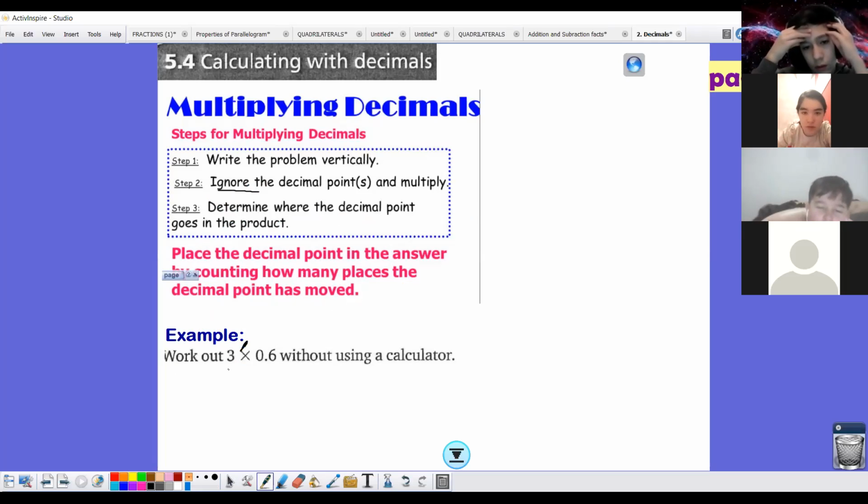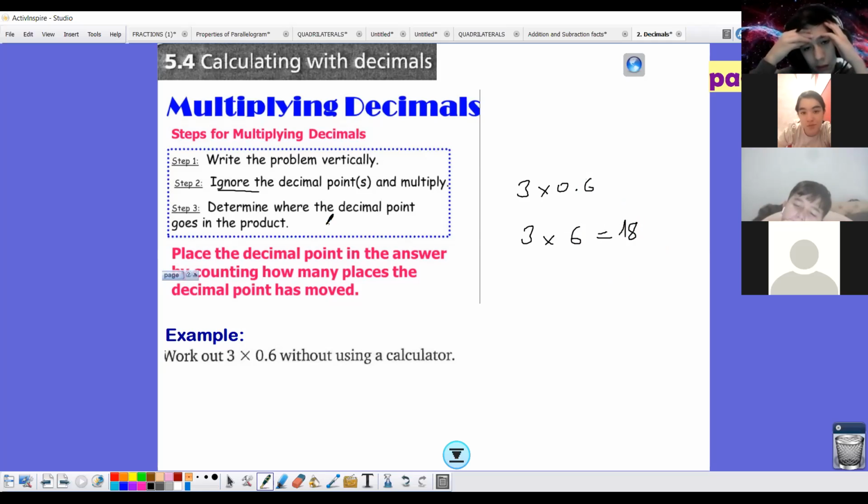For example, here I have 3 times 0.6. I didn't write it vertically, I'm writing it normally. I'm ignoring the decimal point, which means I will multiply 3 times 6. The zeros in front of it we are not counting. So what is 3 times 6? 18.